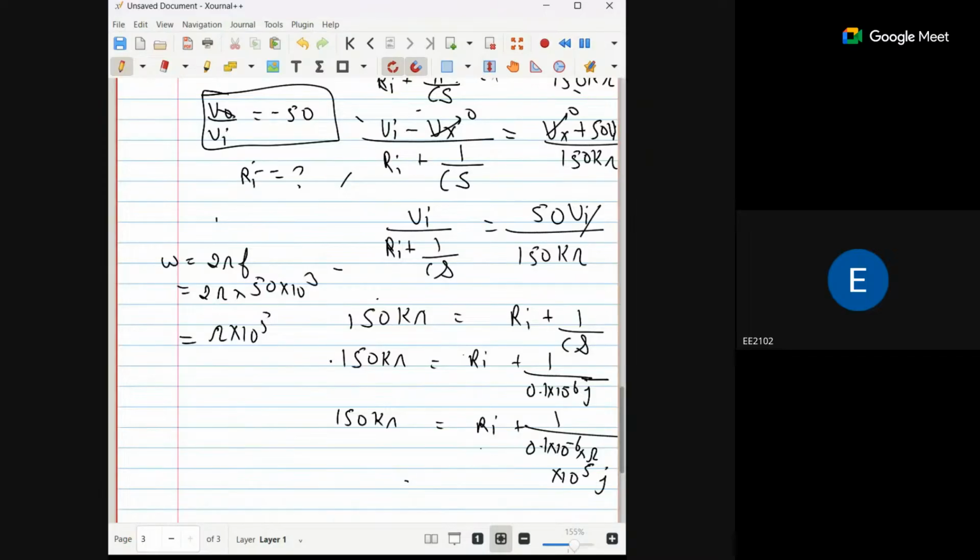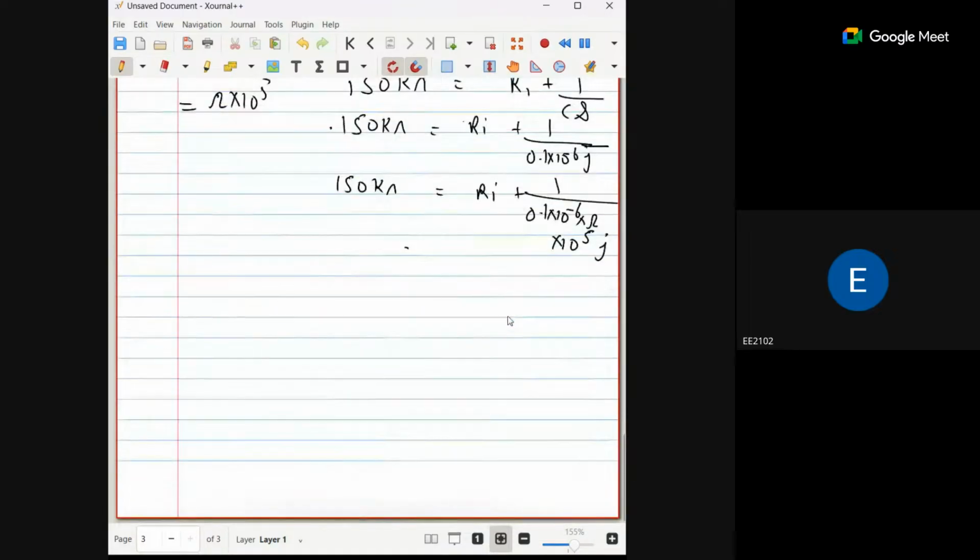So that is 10 to the power minus 7. So it is 100 upon pi j. Okay, any problem? Yes. So from here Ri will be 150 minus 100 upon pi j.